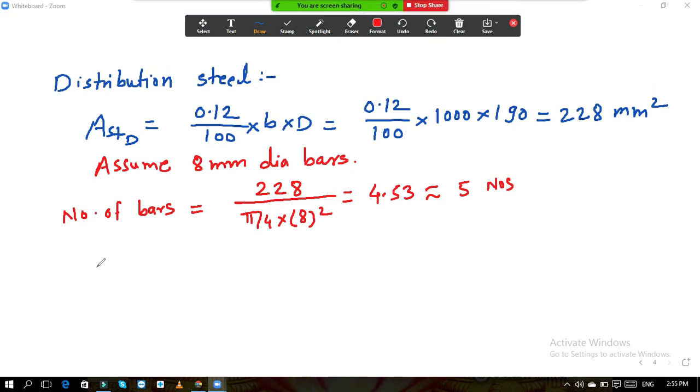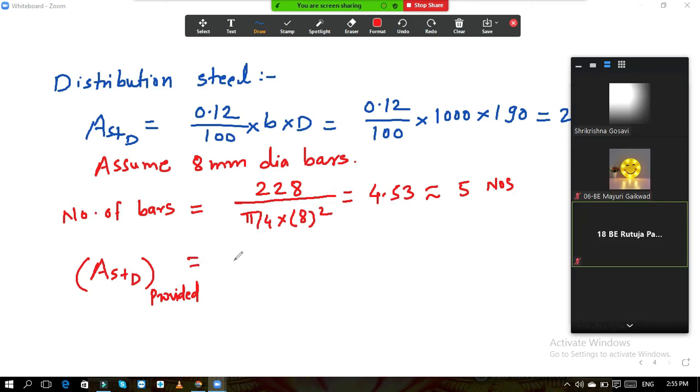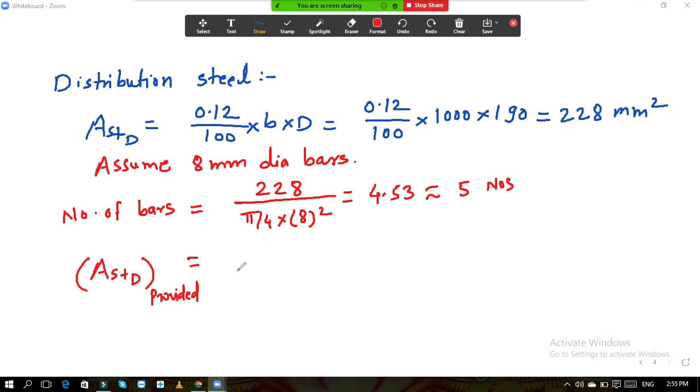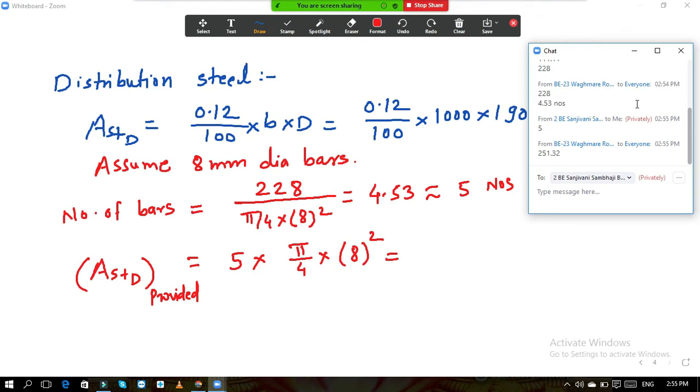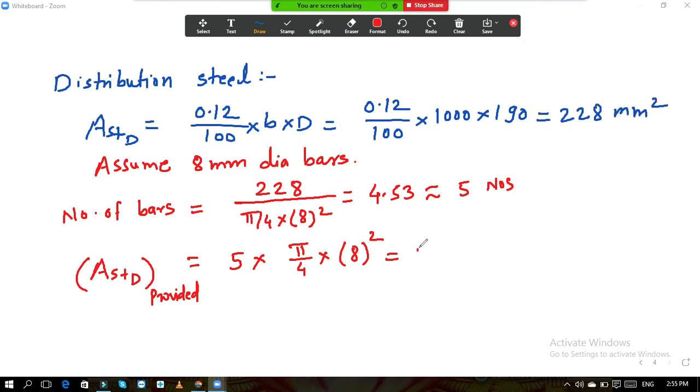So now ASTD provided, the distribution steel provided. How much have we provided now? It is 5 into 5 by 4 into 8 square, which is 251.32 mm square.